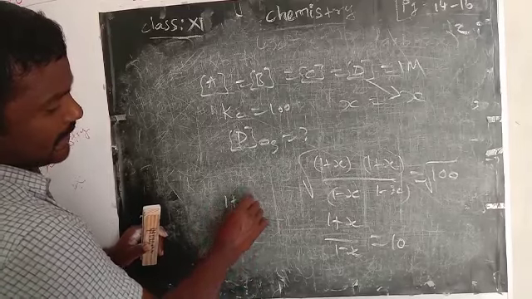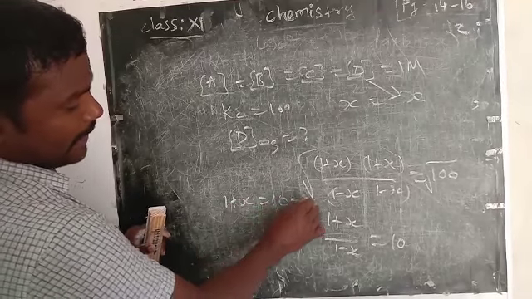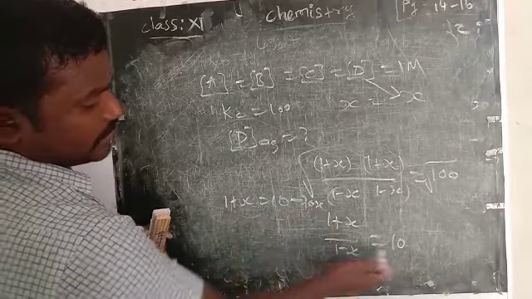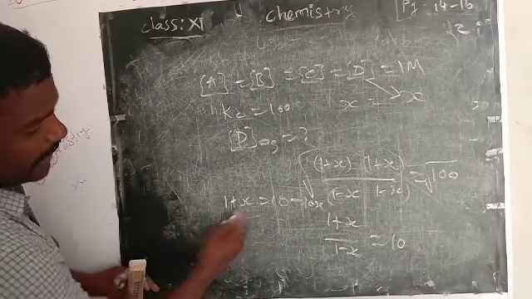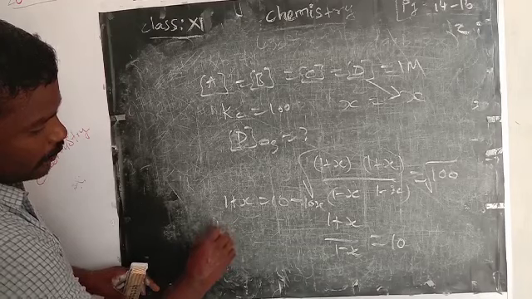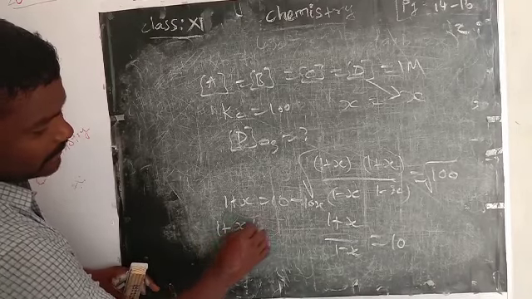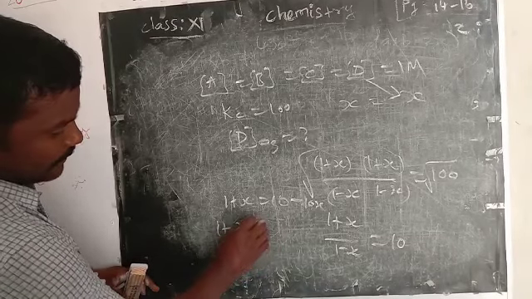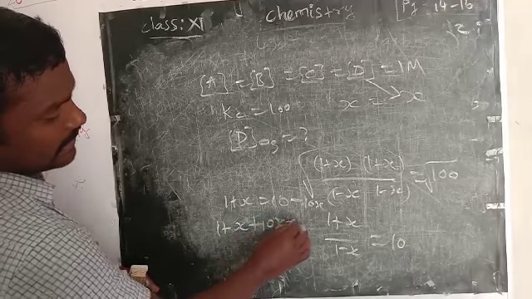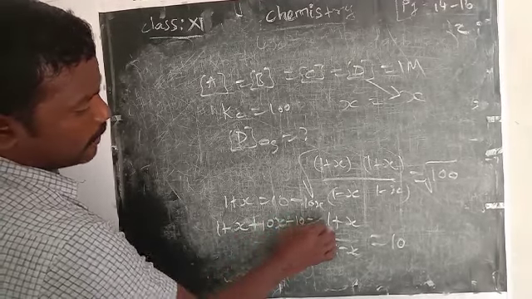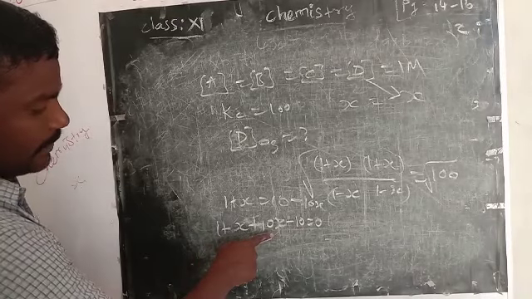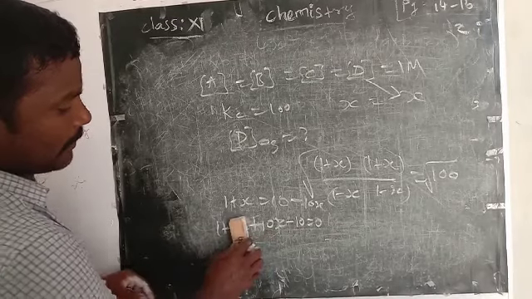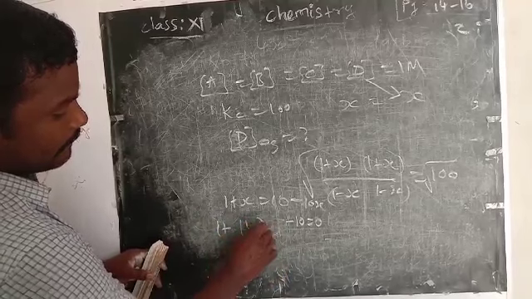Then 1 plus x equals 10 minus 10x. You just multiply, then bring it to this side. 1 plus x plus 10x minus 10 is equal to 0. 10x, so becoming 11x.